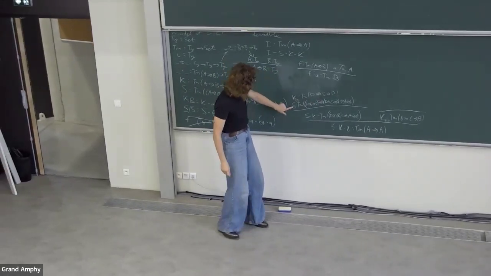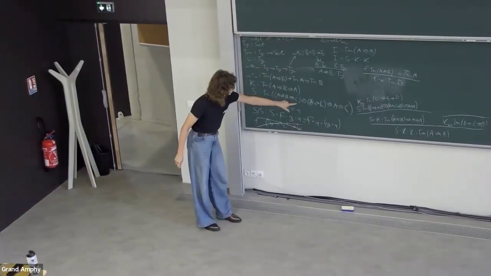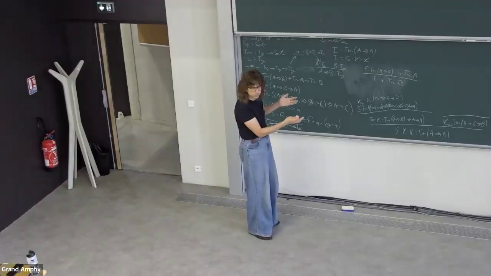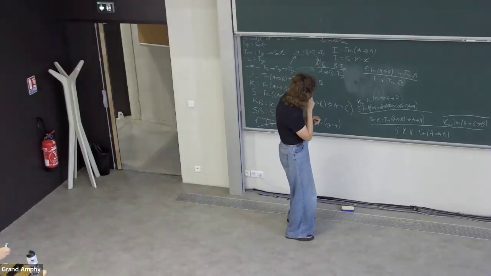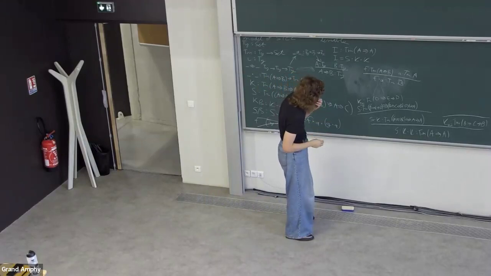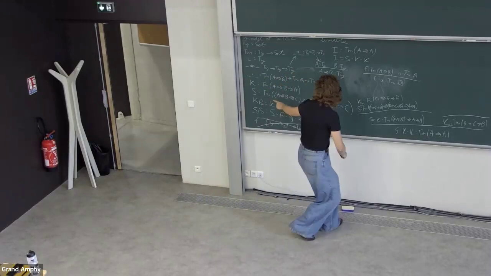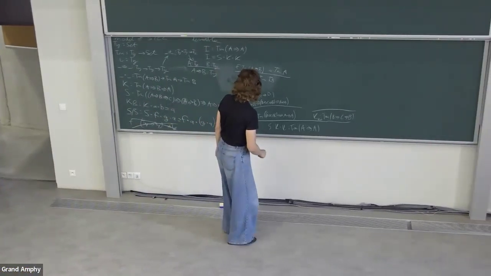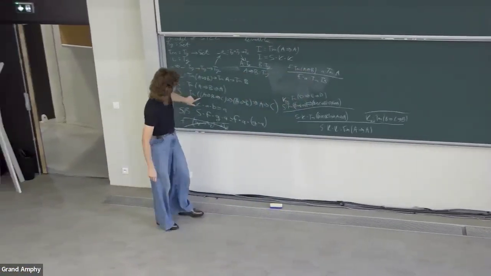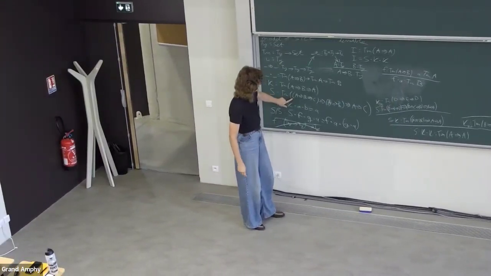But now I need to check that F really complies with this rule. So I will do some unification, and I will have to realize what these arguments have to be. This is the general shape of S, right?